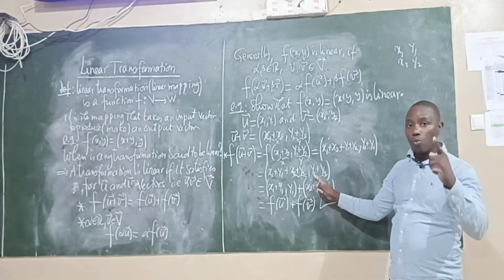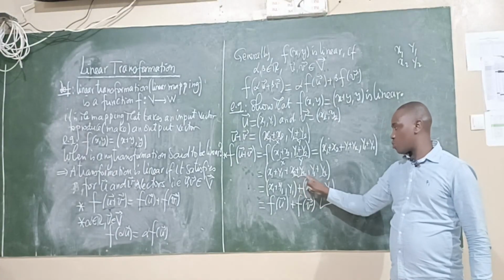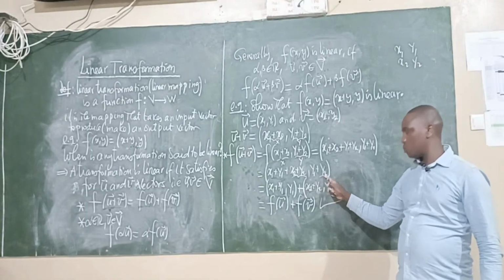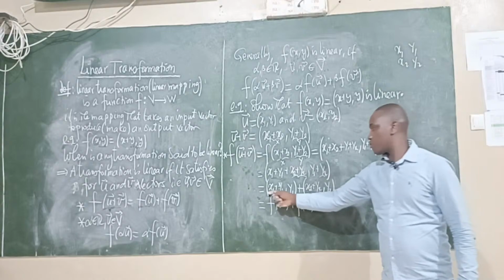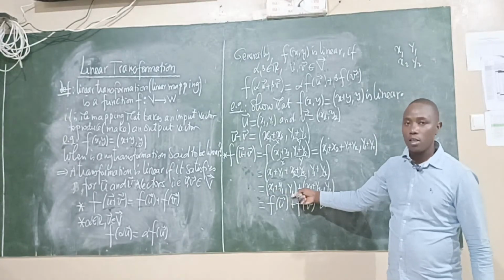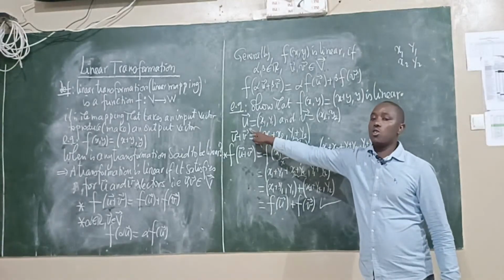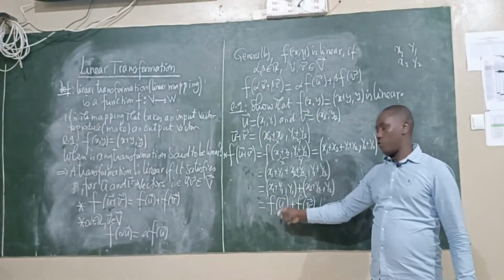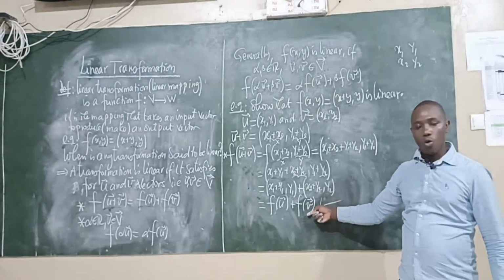That is one function. Plus x2 plus y2, comma y2. As you see, this function is a function of x1 and y1, and x1 and y1 was u. That's why this must be a function of u, while this must be a function of v.